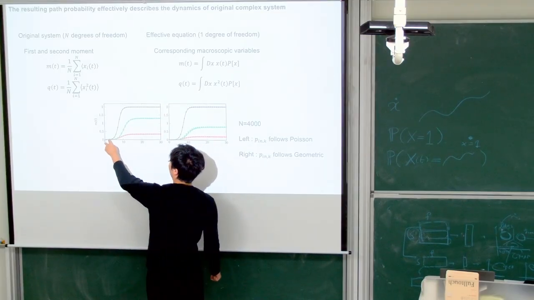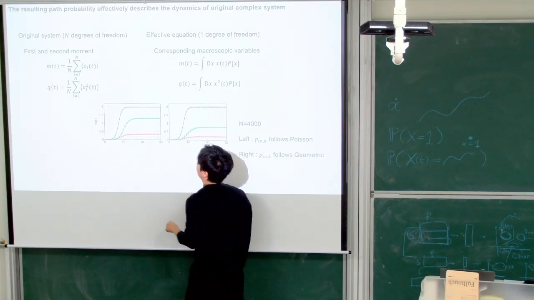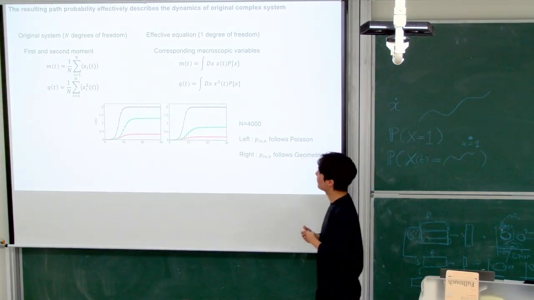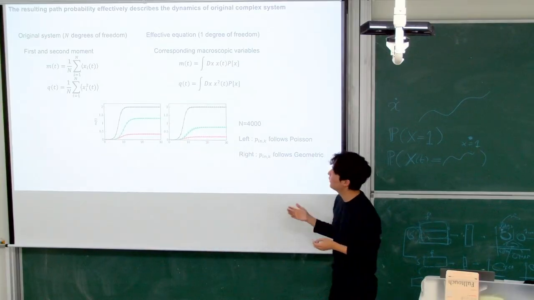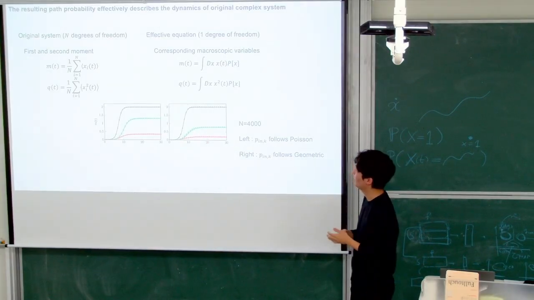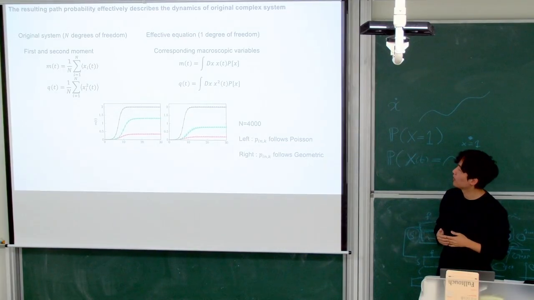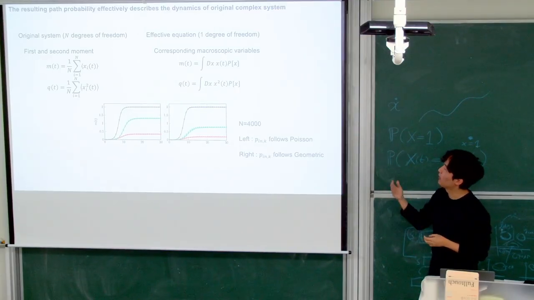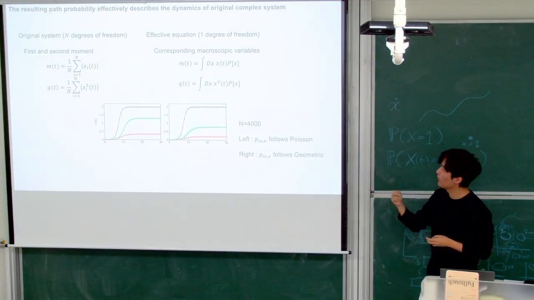You can see that these solid lines accurately capture the real dynamics with large n. Black, green, and red are different because the systems they choose are different. So in other words, the path probability effectively describes the original system.